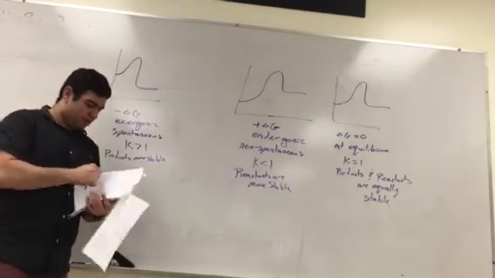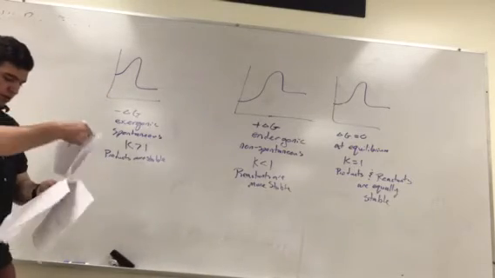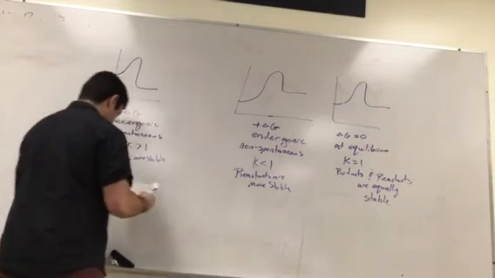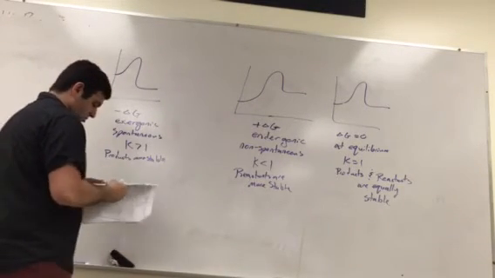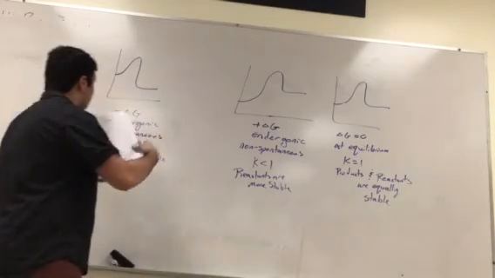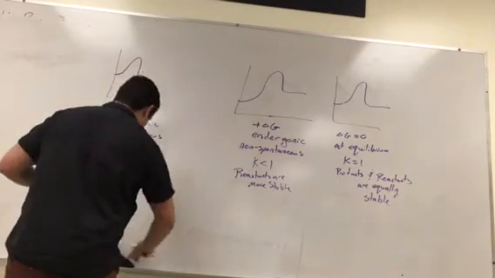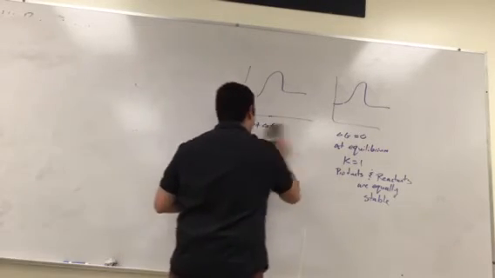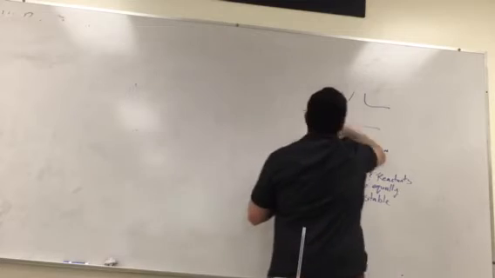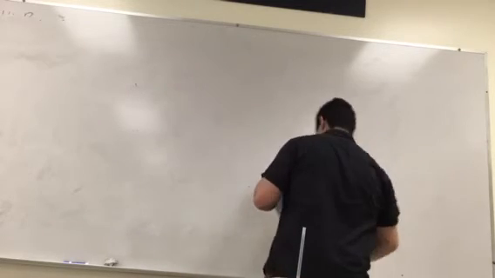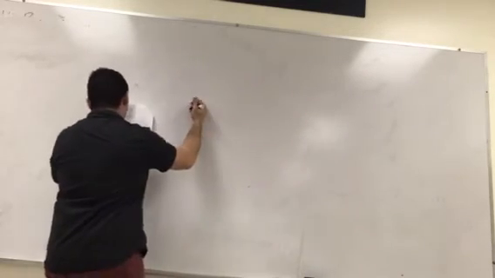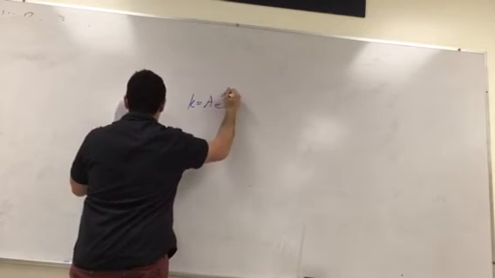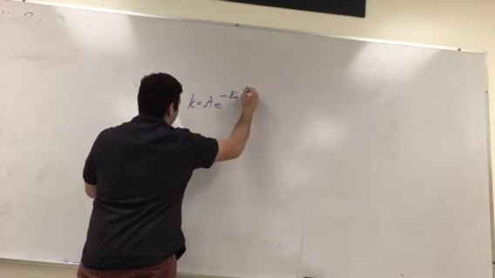One more thing. One last thing. Can I erase this? So, have you guys seen this equation? k equals A e to the negative Ea over RT.